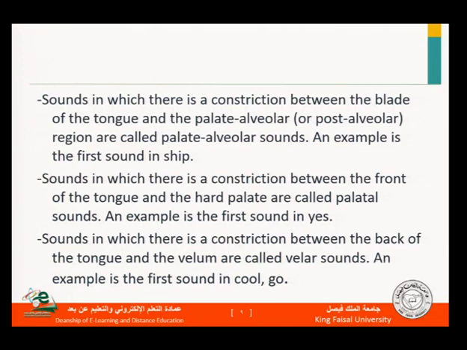Of course, I can add another sound, which is the ing, in a word like ring. The ing is also a velar sound. So, in English, we say that we have three velar sounds. They are the ka, the ga, and the ing.